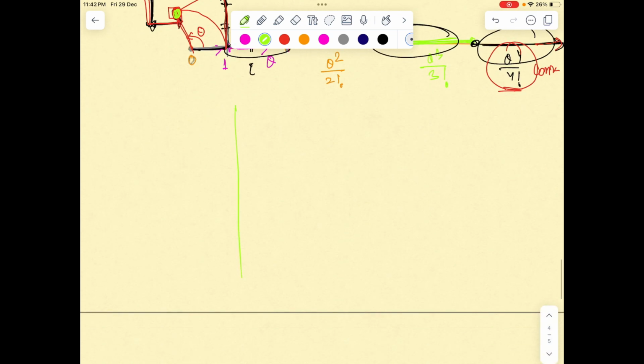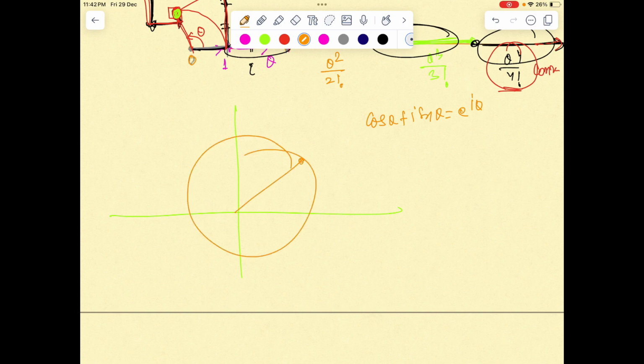And not only this, now the immediate consequence will be: cos theta plus i sin theta, once you know, you can write it as e to the power i theta. So if you have got this guy, this point is e to the power i theta. We have its conjugate, e to the power minus i theta.